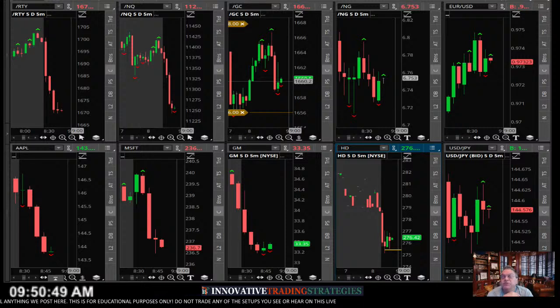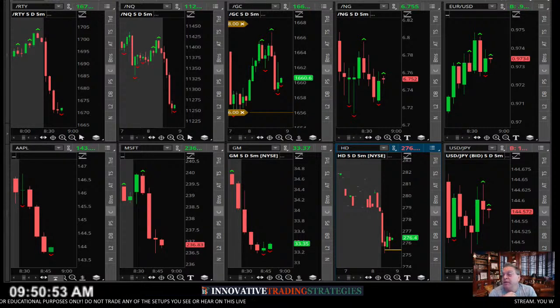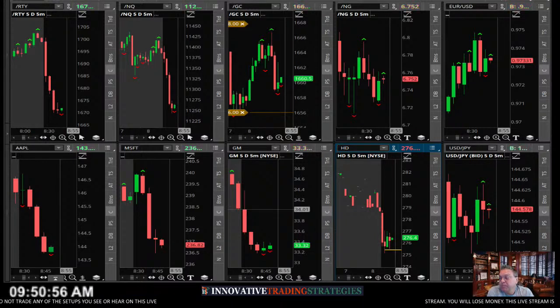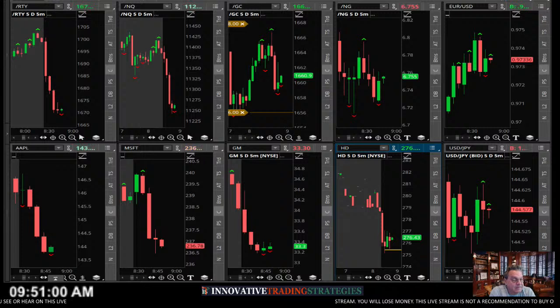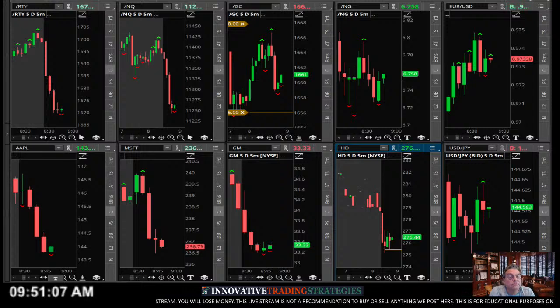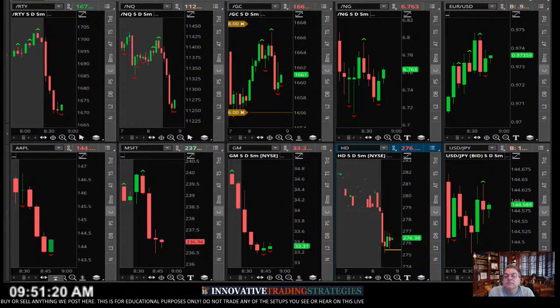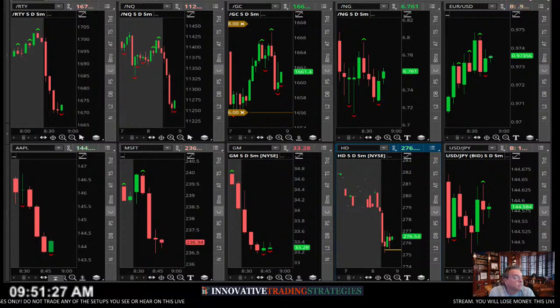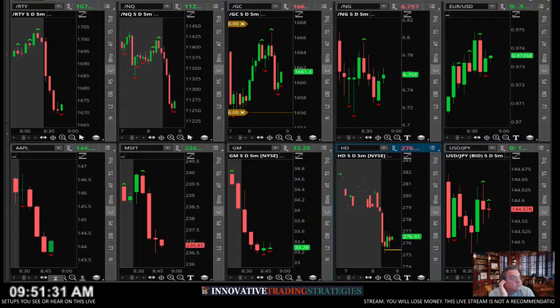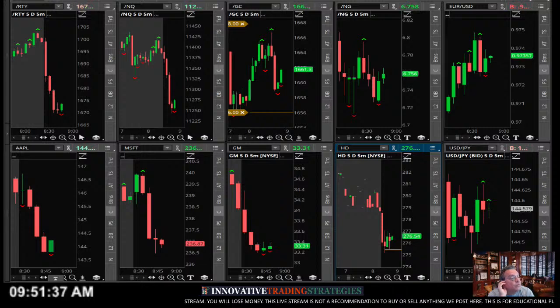This is only a 5-minute projection, so it just means that the next 5-minute bar has a high probability of being a red bar or a down bar. All right, Dow down 451.